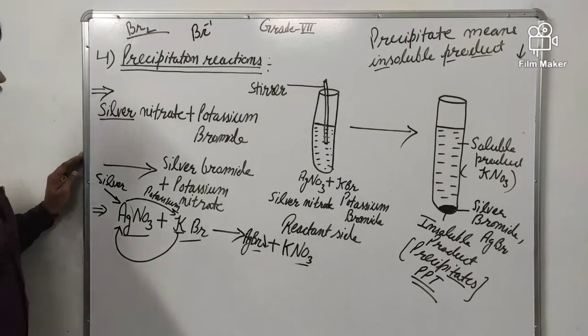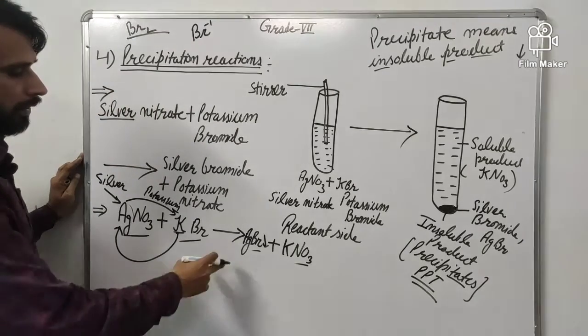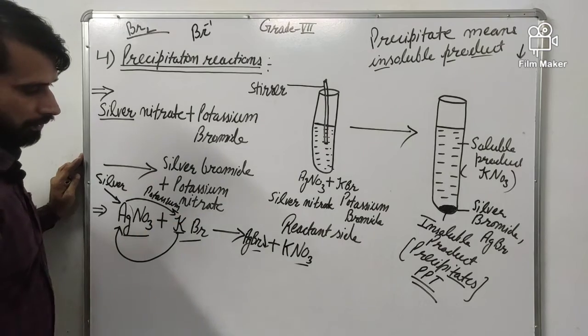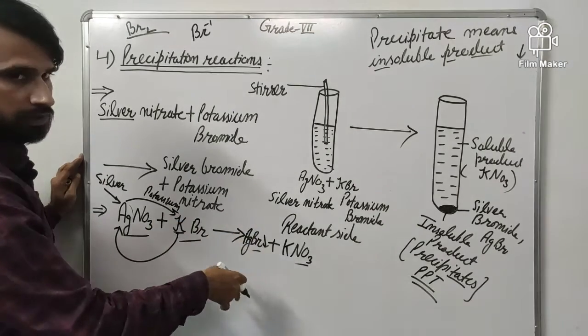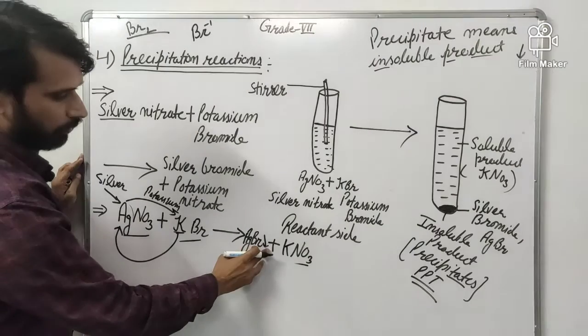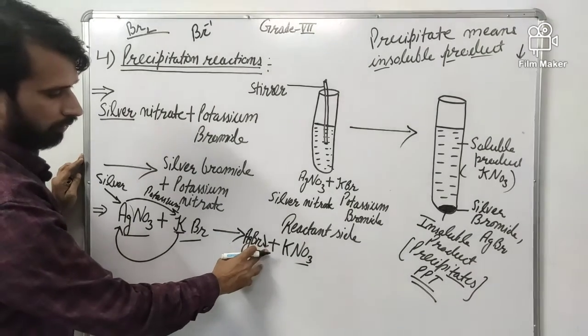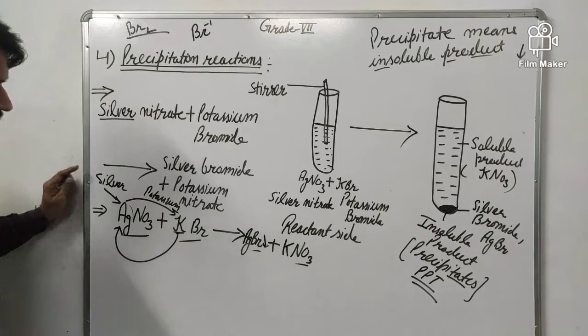Anytime in any chemical reaction precipitates are formed, against the product which is precipitated, we have to write this downward arrow. The downward arrow means precipitates.